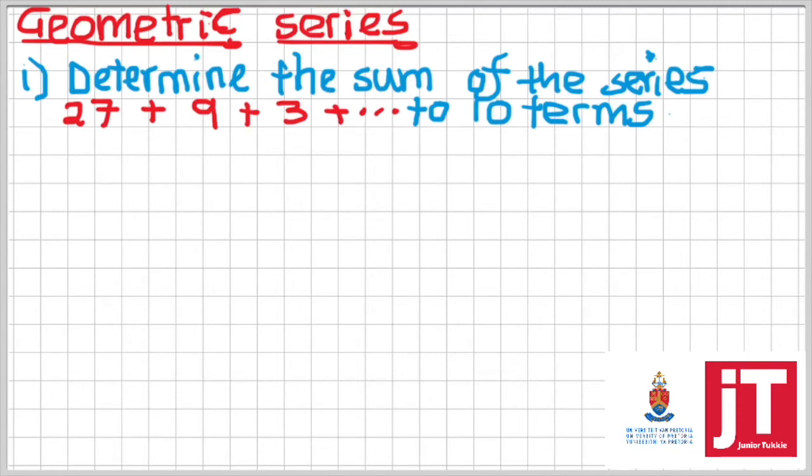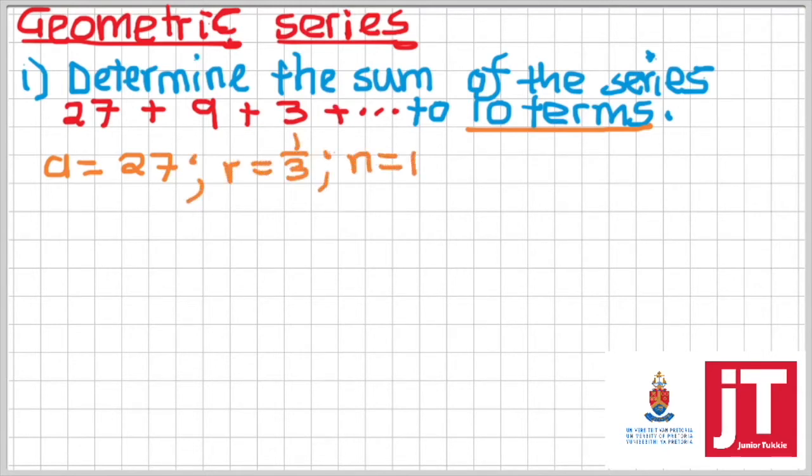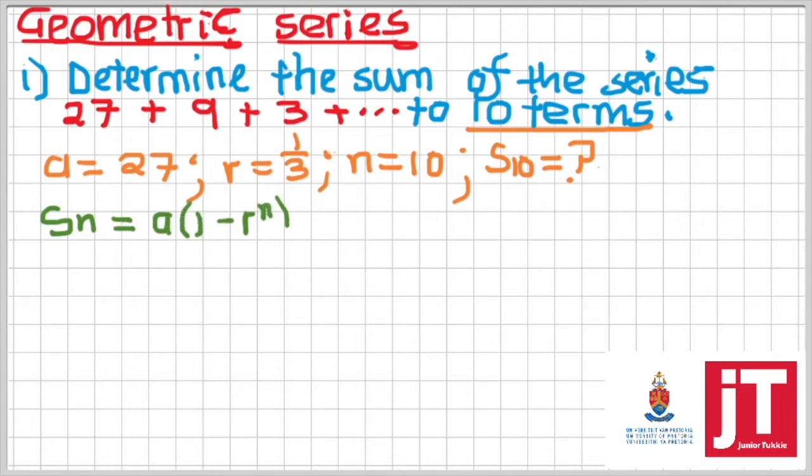So you state your values of a, which is equal to 27, your r, which is equal to 1 over 3, your n, which is equal to 10, then the S10, which is what we're looking for. We're looking for the sum of the first 10 terms. We are going to use the formula for the geometric series given by Sn is equal to a into 1 minus r to the power n over 1 minus r.